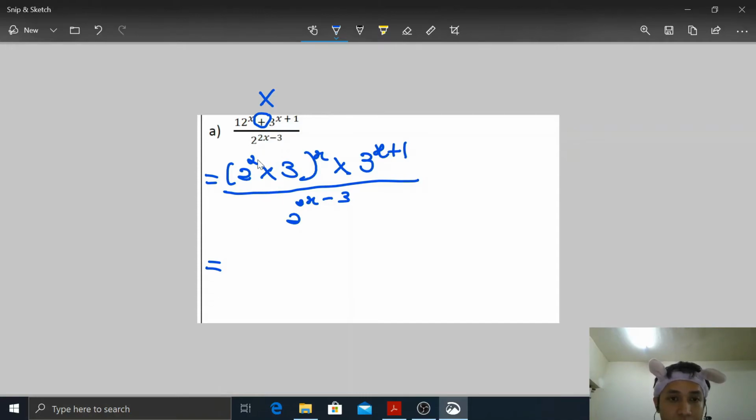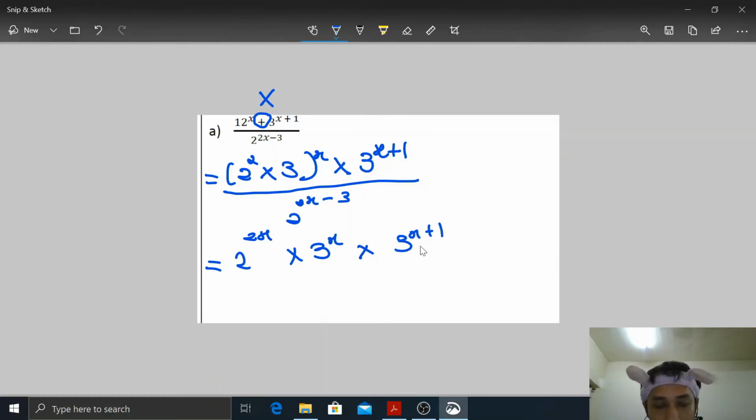So this one, I multiply the power, this one will become 2x, my writing is just so bad. X plus, multiply, plus 1. Then you have 2x minus 3. Oops, sorry. Let me just remove this. Okay, now this one already factorized.